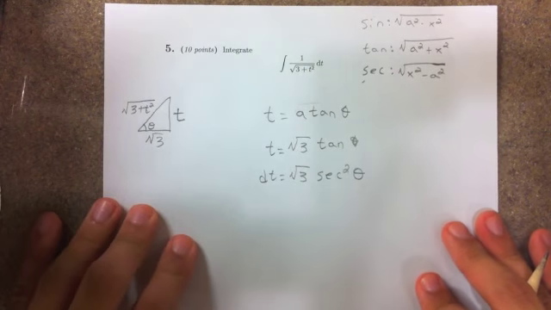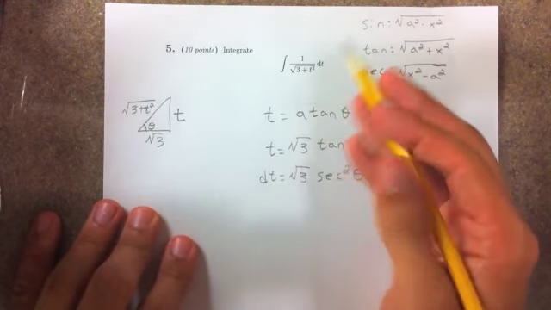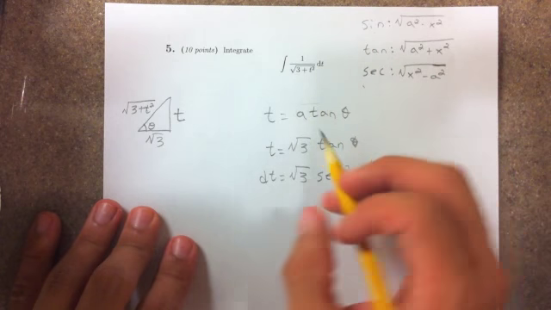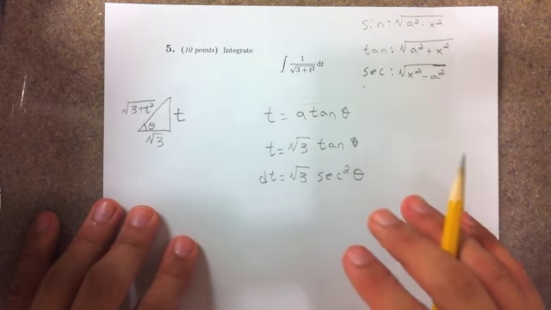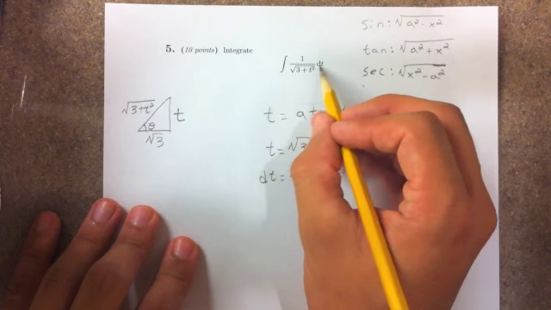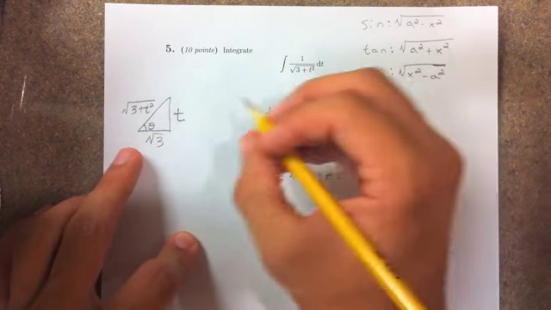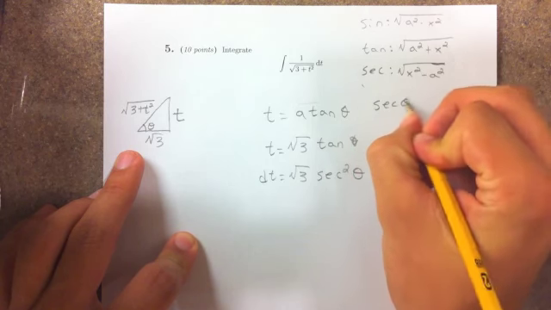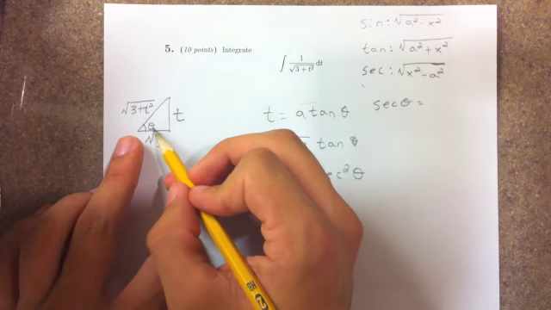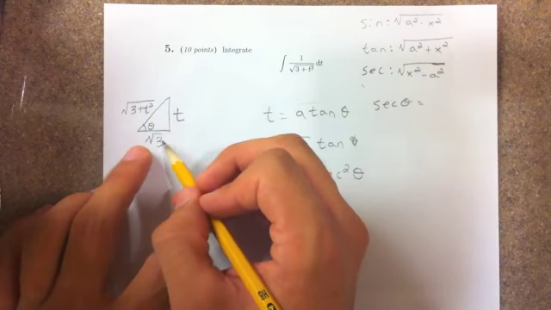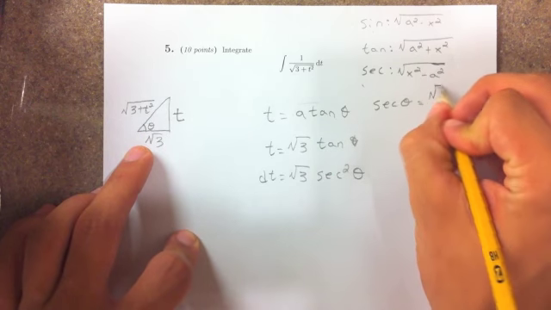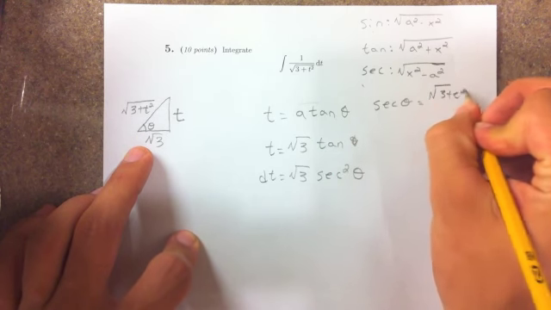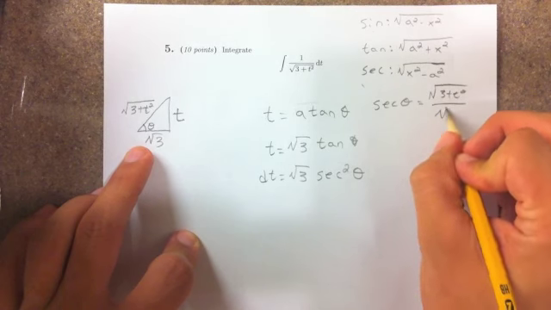Now, what you could do is just plug the t in, plug the dt in, try to simplify it and integrate it. But in order to make this problem easier, we're going to solve for this in this equation. So we know that secant of theta would equal hypotenuse over adjacent. So it would be root 3 plus t squared all over root 3.